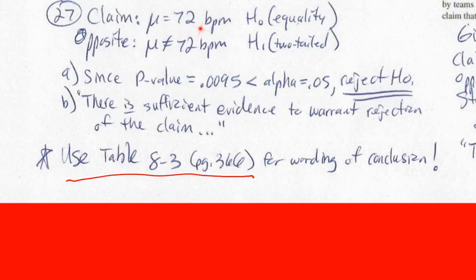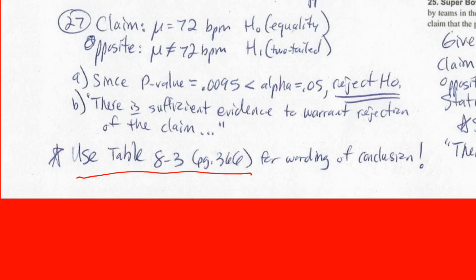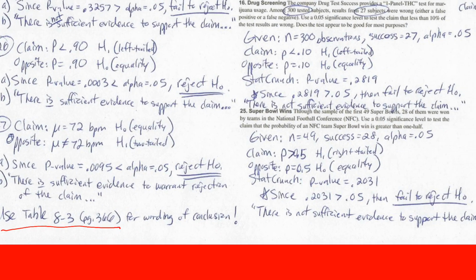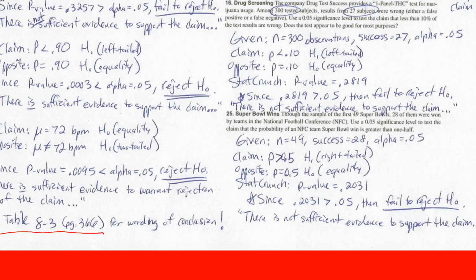We're going to reject that it's equal to 72. There is sufficient evidence to warrant rejection of that claim. So this claim right here, we have enough statistical evidence to say, nope, it's actually not equal to, or further away from 72. Okay, so again, don't forget to look at this page for wording, and we'll use that wording throughout the review.